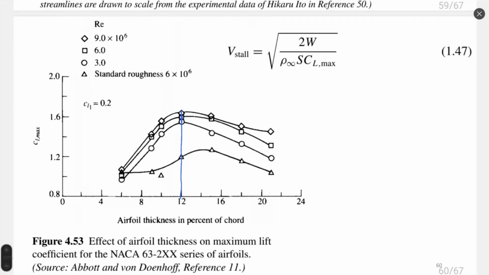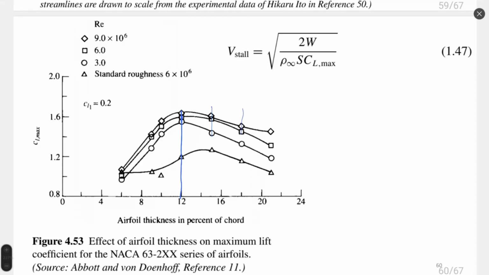Also, if we compare, analyze this picture and compare different airfoils, we will see that 12% is not so much better than, for example, 15% airfoil or even 70% thickness airfoil. They can be used as well if you need a high value of lift coefficient.